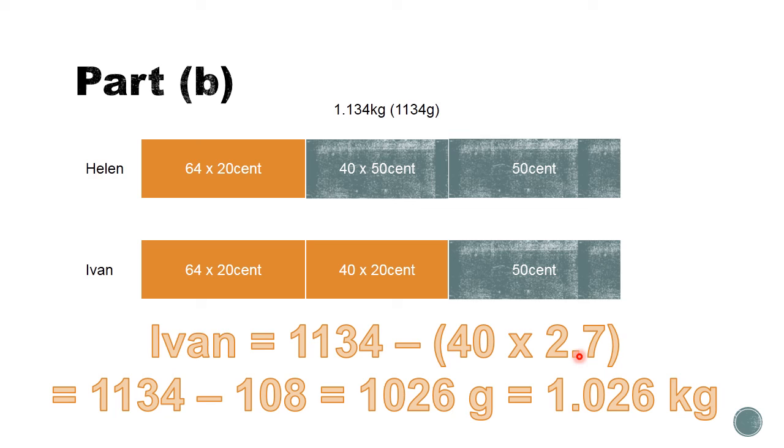And Ivan has 40 of this. So 40 times 2.7, and because Helen's coins are heavier, subtract this from 1134.